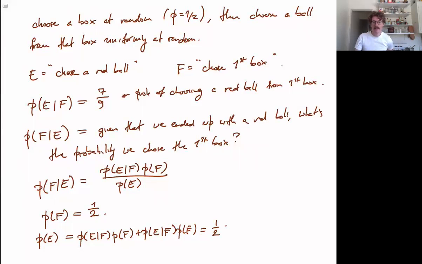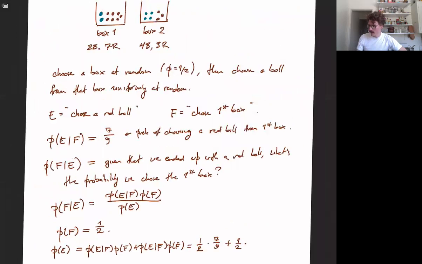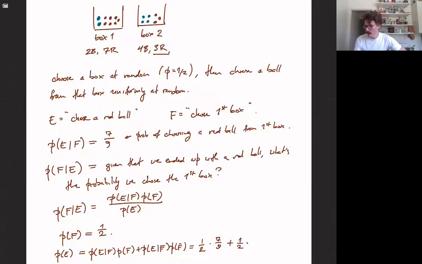And then having chosen that, the probability that we get a red ball out of it is 7/9. Or we can choose a red ball from the second box. What is the probability that we choose the second box? It is again 1/2. And given that we chose the second box, what is the probability of getting a red ball? It should be 3 red balls divided by 7 balls total. So that is 3/7. And if you multiply this out, this is 38/63.